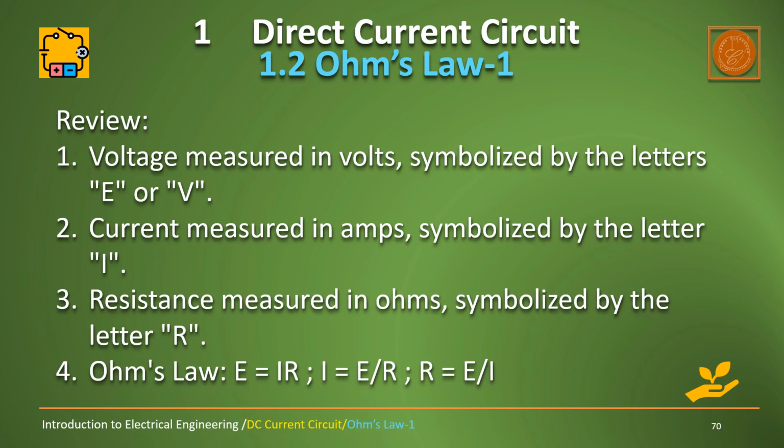Number 1, voltage is measured in volts, symbolized by the letters E or V. Number 2, current is measured in amperes, symbolized by the letter I. Number 3, resistance is measured in ohms, symbolized by the letter R. Number 4, Ohm's law is E equals I multiplied by R, or I equals E divided by R, or R equals E divided by I.